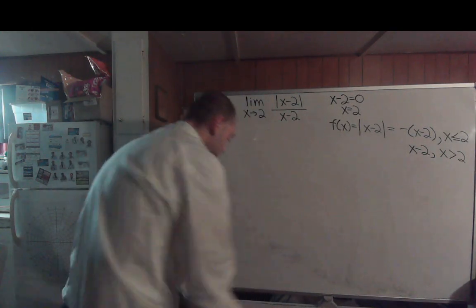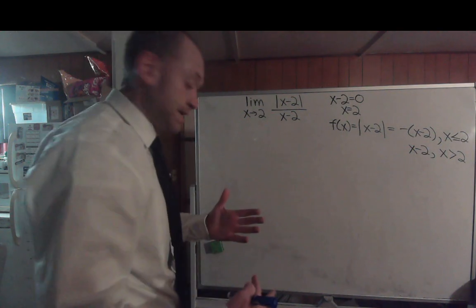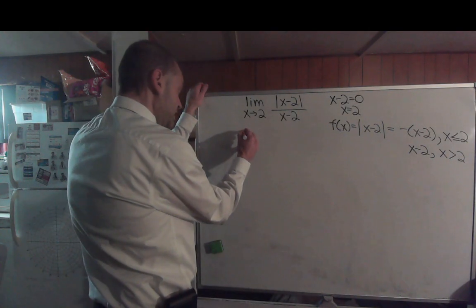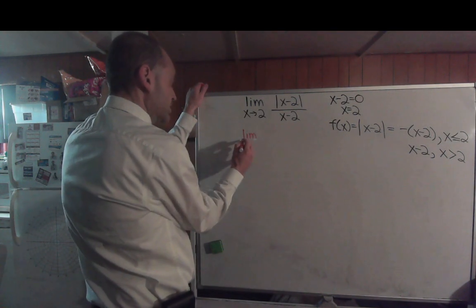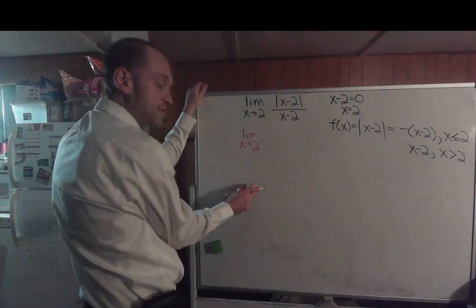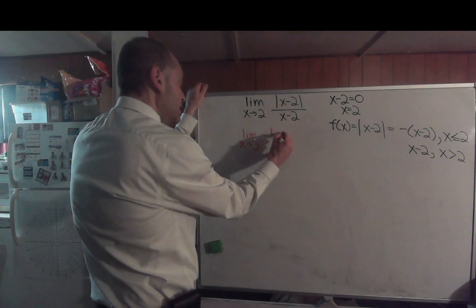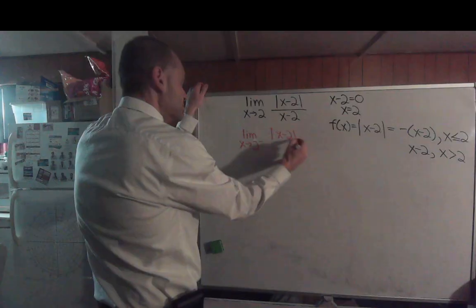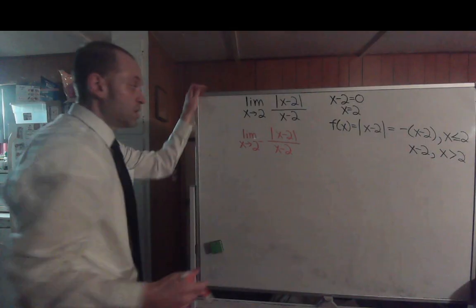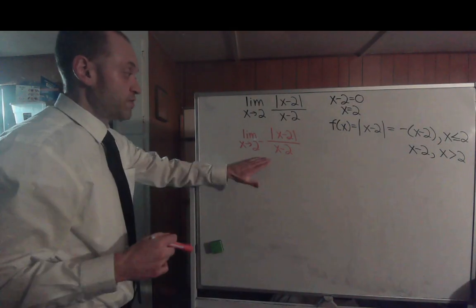Now we have to consider the right-handed limit and the left-handed limit. So let's take the left-handed limit of this function. So the limit as x approaches 2 from the left of the absolute value of x minus 2 divided by x minus 2. Well, if we're approaching 2 from the left, that means x is less than 2.